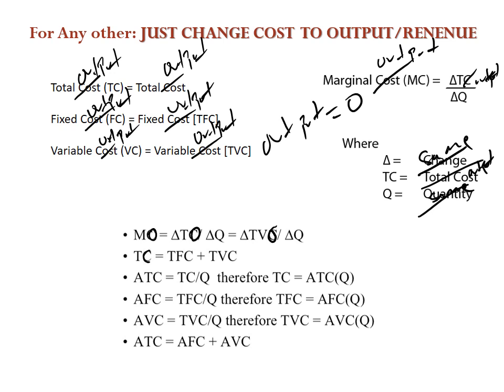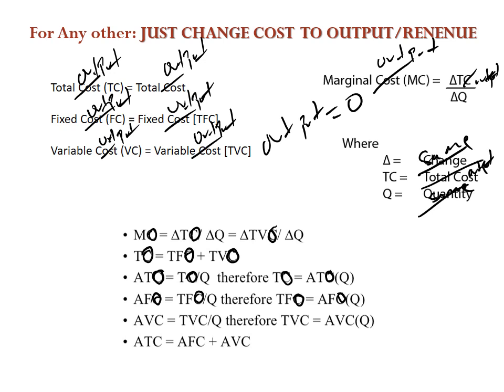Your total output will be equal to your total fixed output plus your total variable output. Your average total output will be your total output divided by quantity, so your total output will be your average total output times quantity. Your average fixed output will be your total fixed output divided by quantity, so your total fixed output will be your average fixed output times quantity.